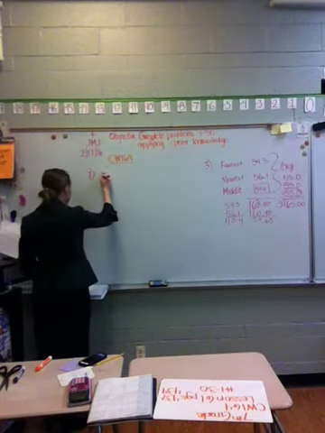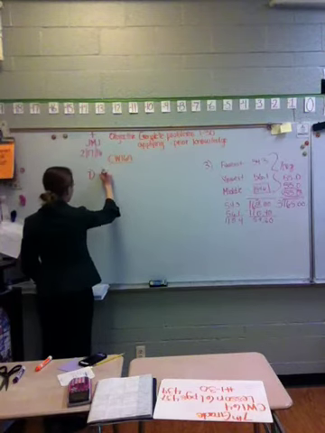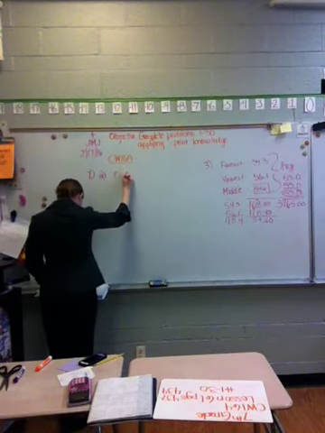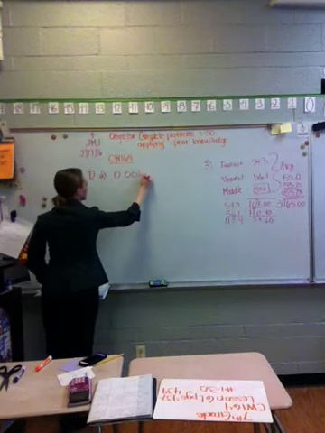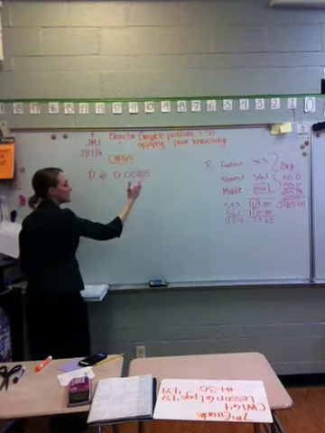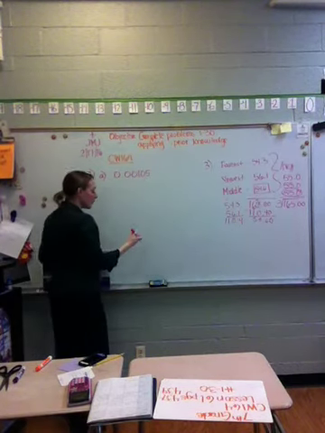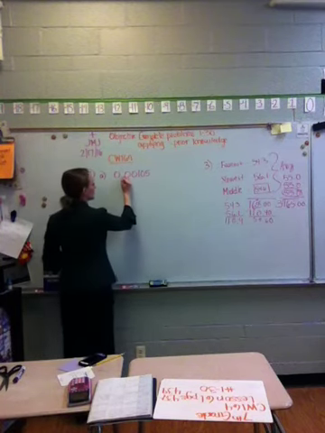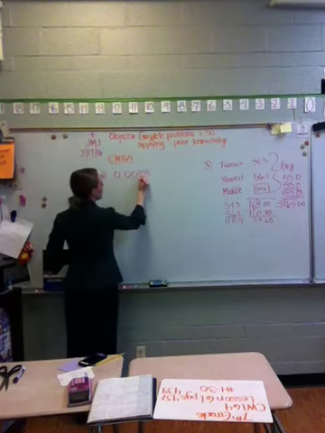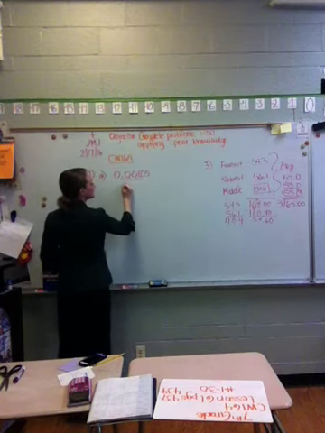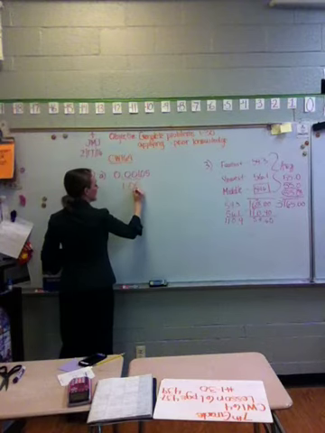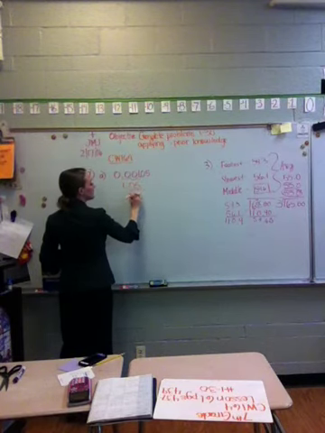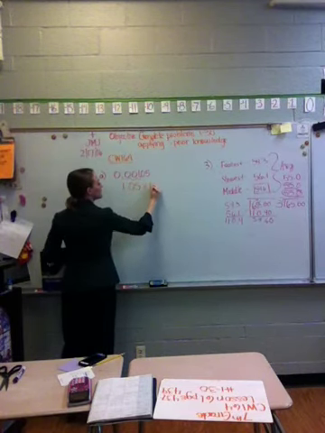So I have number 7. Number 7, it says, this is A. Write 0.00105 in scientific notation. So what I'm going to do is move my decimal. Remember, this is the decimal mover one. 1, 2, 3. I put it right here. So my significant digits, remember the ones that I need to write, are 1.05 times 10.